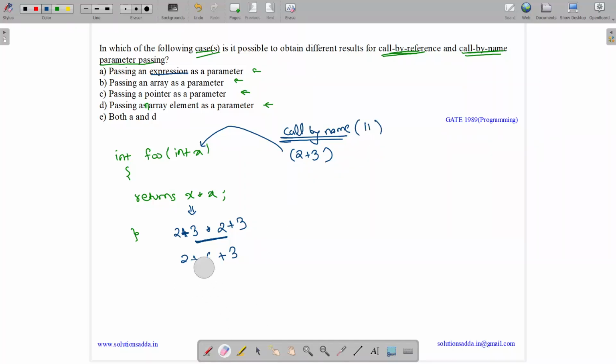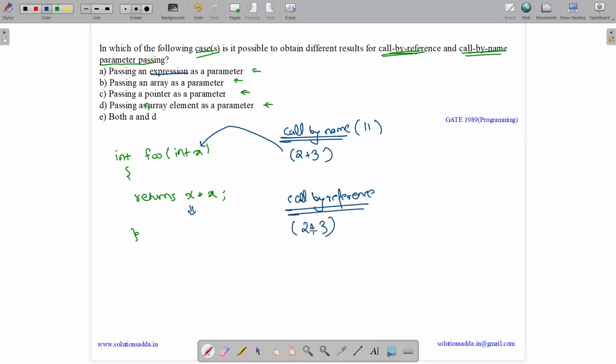And if in this case we have call by reference, then what happens is this. If we are passing 2 plus 3 in call by reference, it creates a temporary variable, let us suppose temp1, and it evaluates the expression and stores its value.